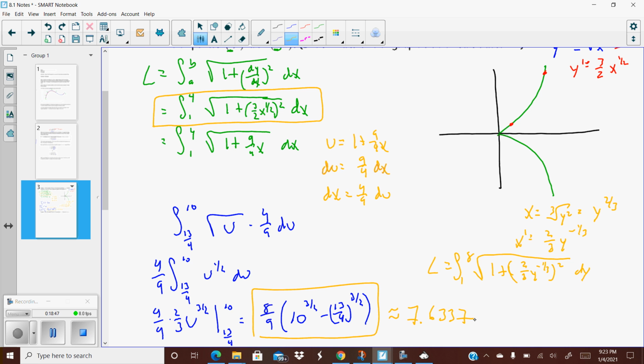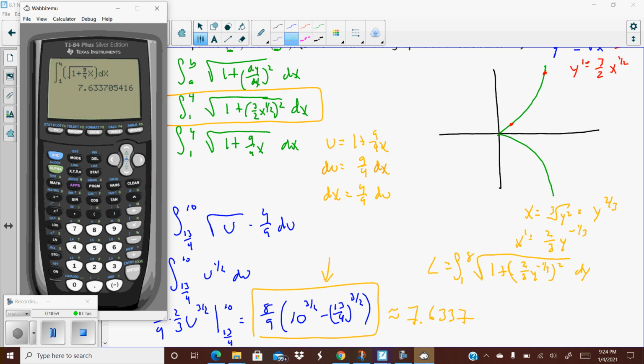7.6337. Now let's actually go ahead and plug this answer that we got for our exact answer, which is this one right here, into the calculator and see if that works out.